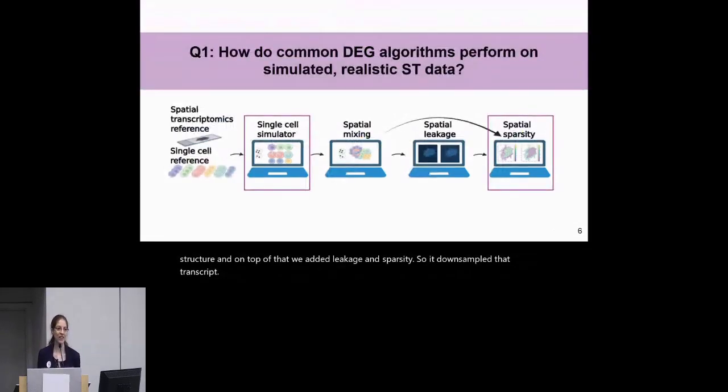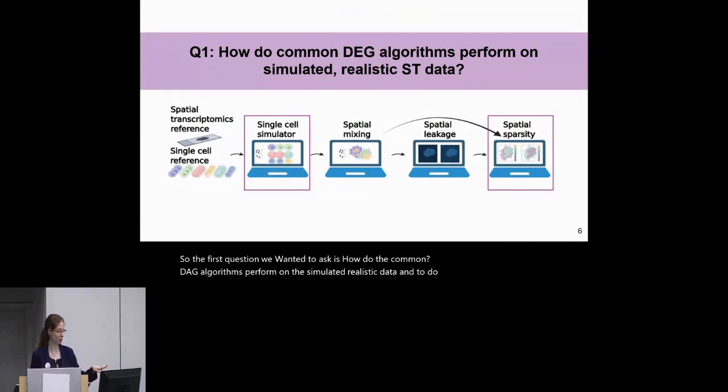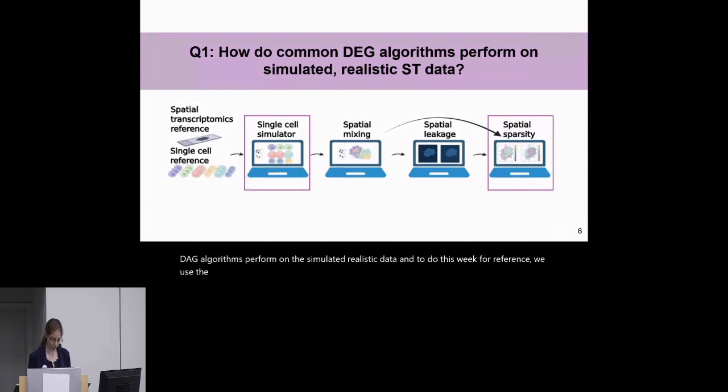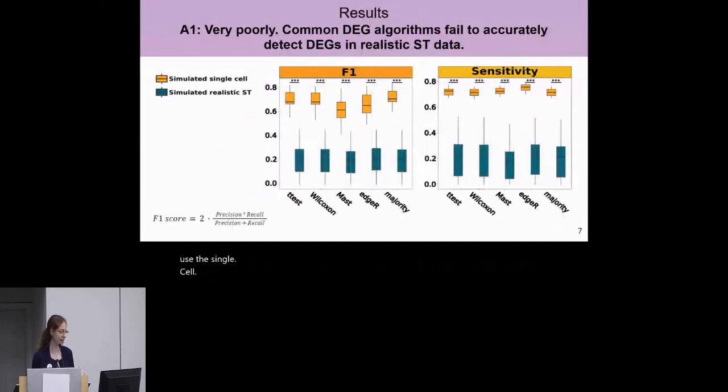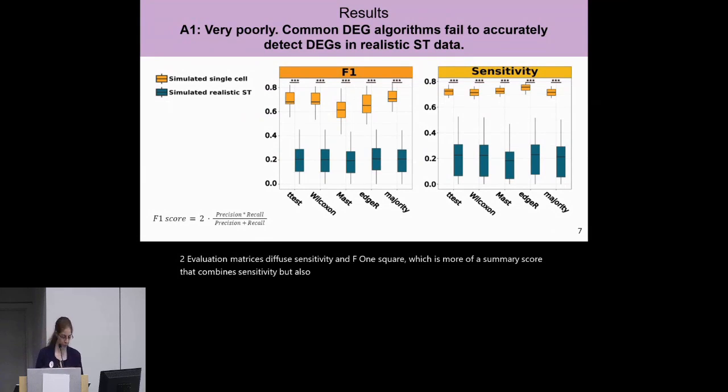So the first question we wanted to ask is, how do the common DEG algorithms perform on the simulated realistic data? And to do this, for reference, we use the single cell as a baseline. So you have here two evaluation metrics that we used, sensitivity and the F1 score, which is more of a summary score that combines sensitivity but also gives us a little bit more.